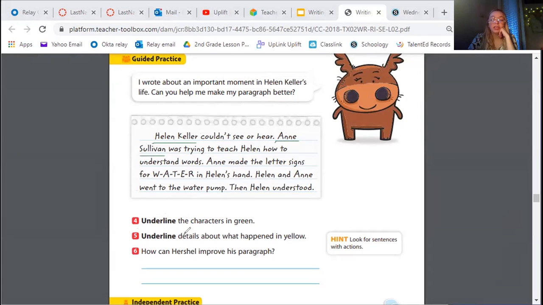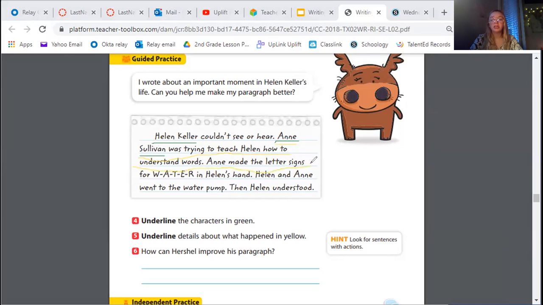Next, it says underline details about what happened in yellow. So pause your video, underline your details about what happened in yellow, then come back and we'll go over it together. The details I underlined were everything except for the last sentence, starting with Anne Sullivan was trying to teach Helen how to understand words.